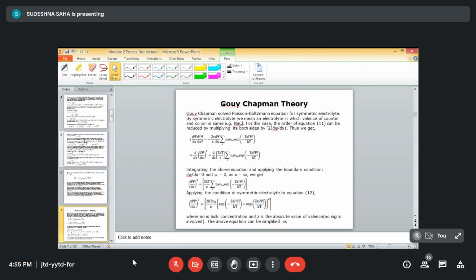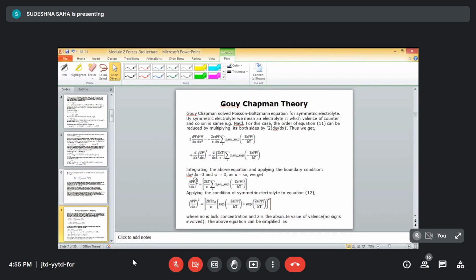When he solved this equation, he multiplied the Poisson-Boltzmann equation with 2 dψ/dx and thereby reduced the order of the equation. Then you can put it in this form: d/dx of (dψ/dx) whole squared will be equal to d/dx of 2kT by epsilon into this whole term, which is basically the Zi, the surface charge density term.